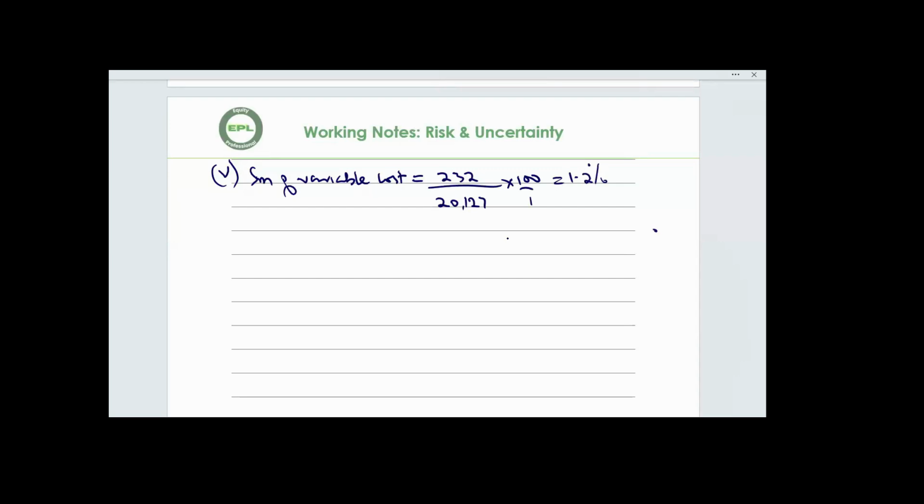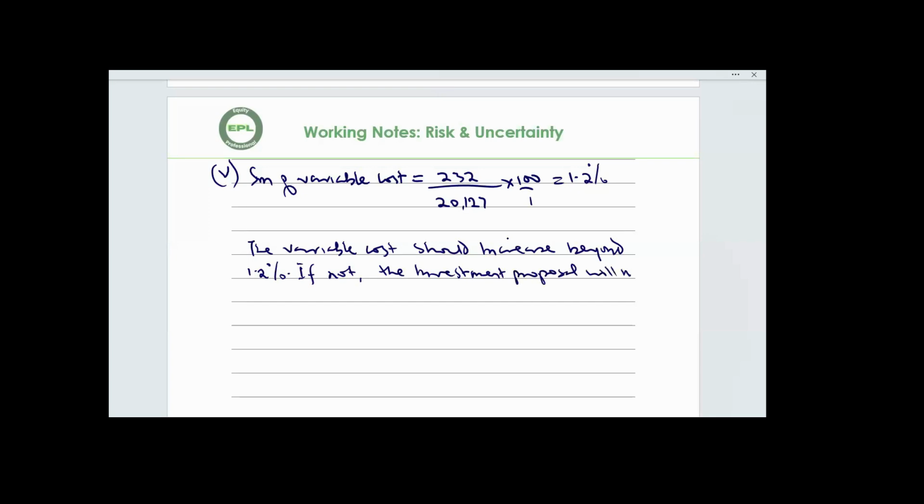So this means that the variable cost should not increase beyond 1.2%. If not, the investment proposal will not be viable.